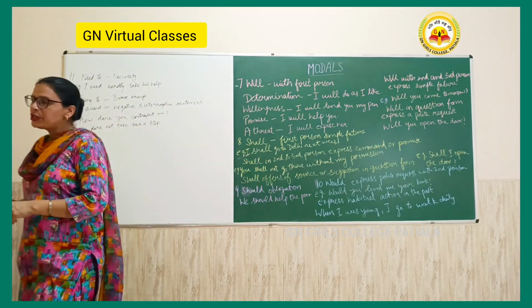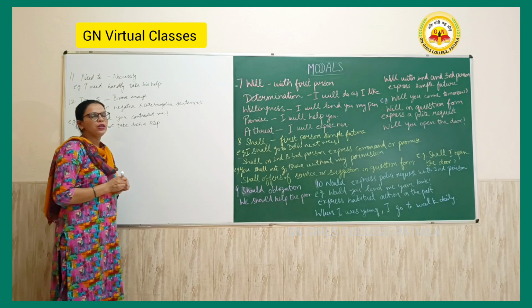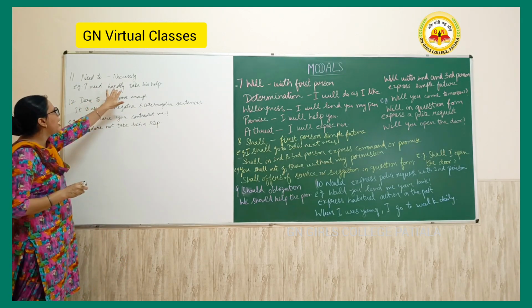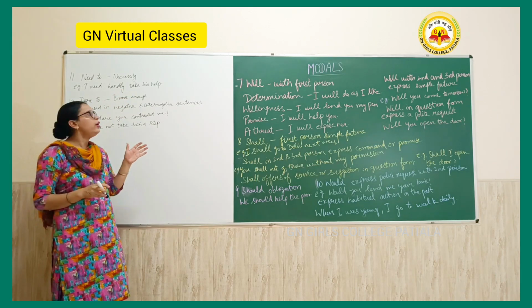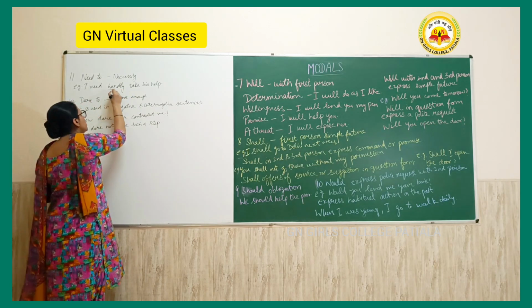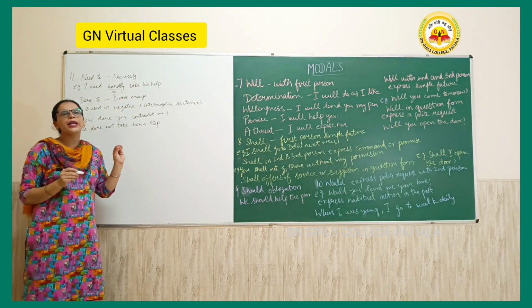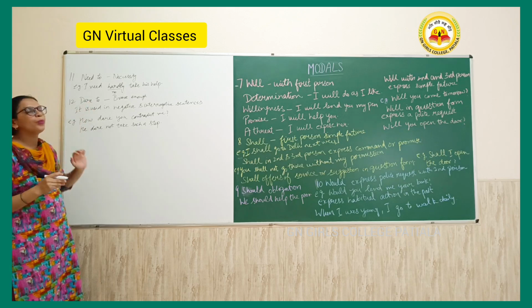And the next one is need to. Need to means necessity. For example, I need hardly take his help. There is no need, hardly means no. There is no need to take his help. Then dare to, meaning brave enough.